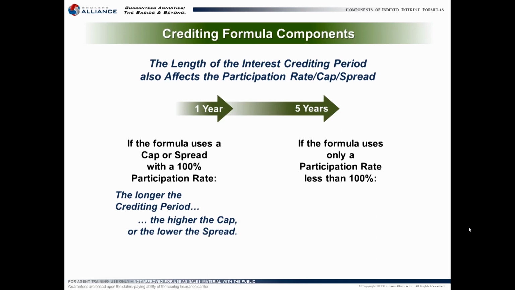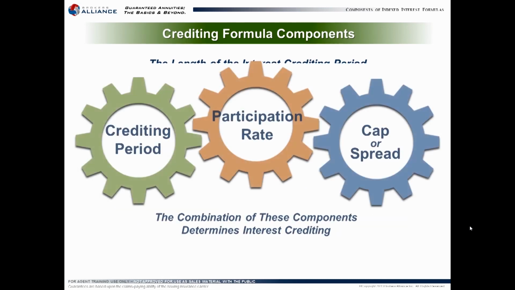For those formulas that use only a participation rate of less than 100%, again, the longer the crediting period, what we'll typically see is the higher that participation rate. And again, if it's a participation rate product with a spread, then the lower the spread, the longer. And that only makes sense because it's a longer time that the client's money is working. So again, we'll have a higher potential interest crediting.